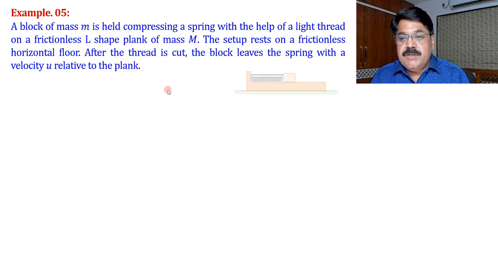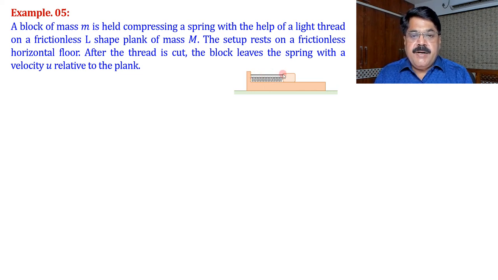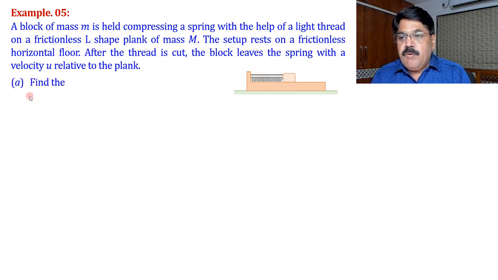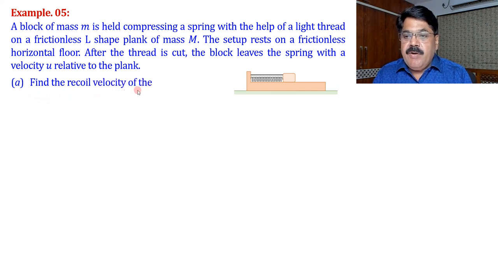So the situation is given here: an L-shaped plank, and here is a block. The block is held compressing the spring with the help of this light thread. The mass of the thread is negligible. Find the recoil velocity of the plank. So first you find what is the recoil velocity of the plank.